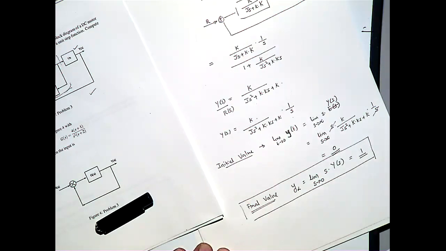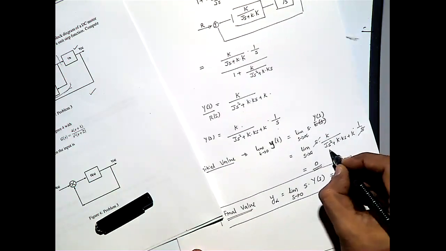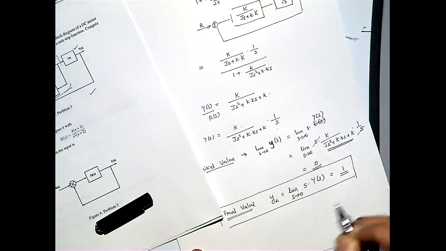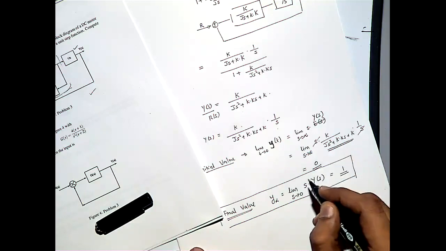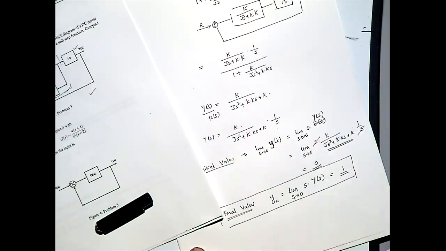When somebody asks you to directly apply the final value theorem, don't apply it directly. Why? Because you need to check whether the system is stable or not. In this case, the characteristic equation is a quadratic equation, and for all positive values of J and the capital and small K, this one is stable. Under that condition, you can apply the final value theorem.